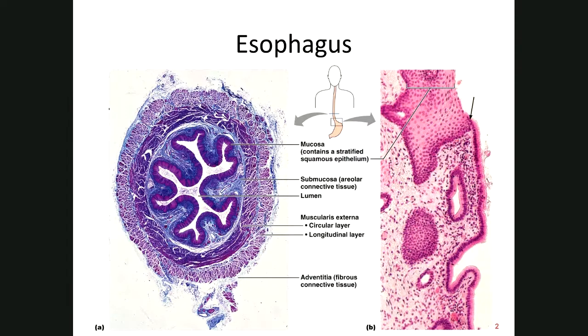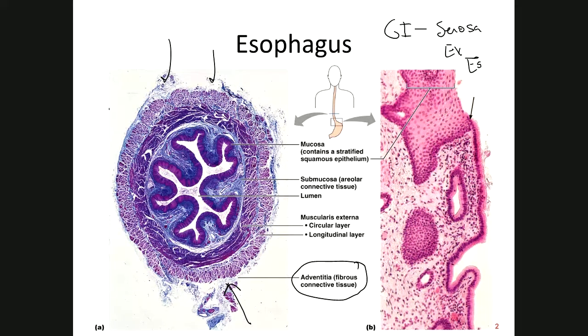Instead, what we have is dense connective tissue, not simple squamous, it's dense connective tissue, and it's called the adventitia. So if we go back and look at our GI tract again, we have a serosa everywhere except the esophagus. And in the esophagus, we have this adventitia.